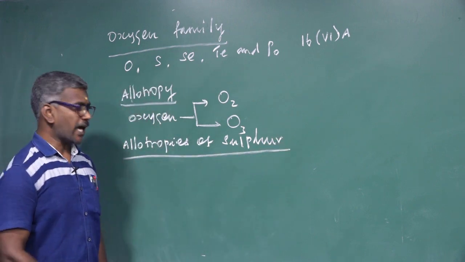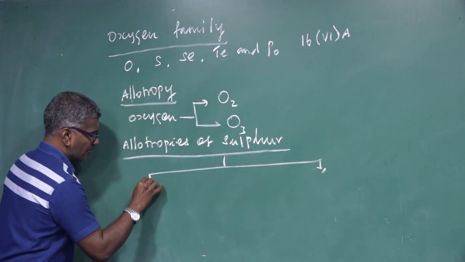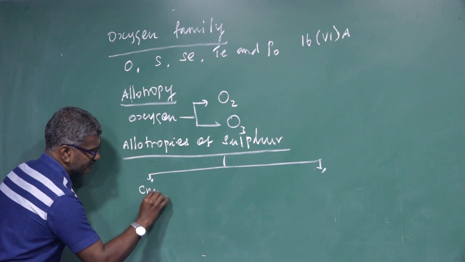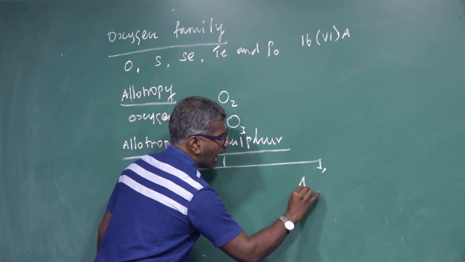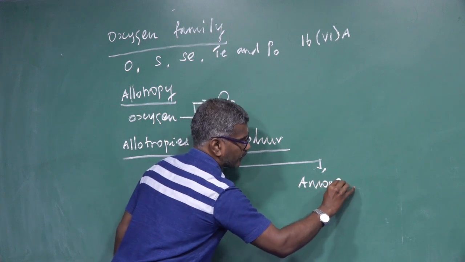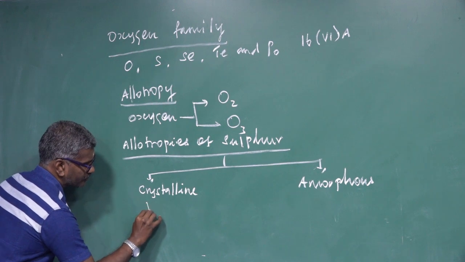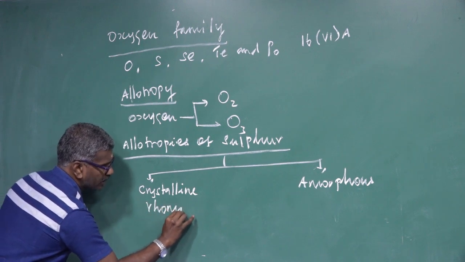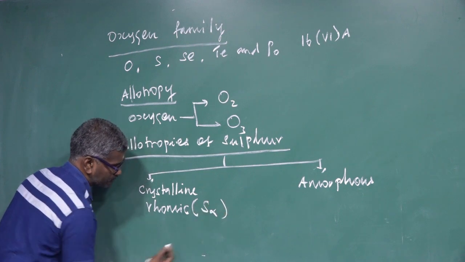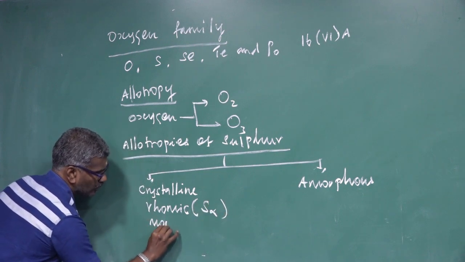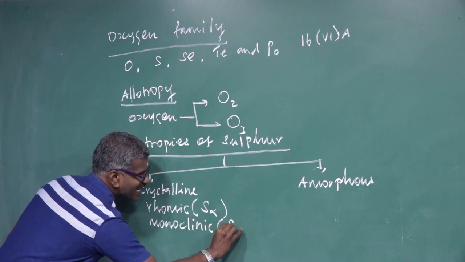Sulfur exhibits two types: first one, crystalline, another one, amorphous. Crystalline are rhombic or alpha sulfur and monoclinic, that is beta sulfur.